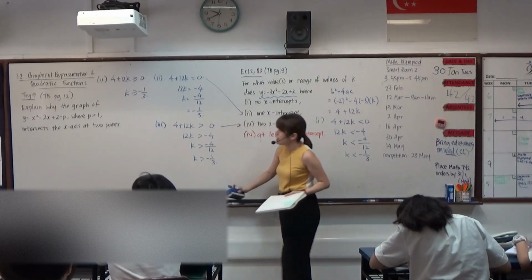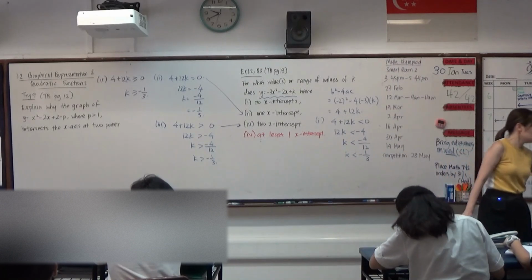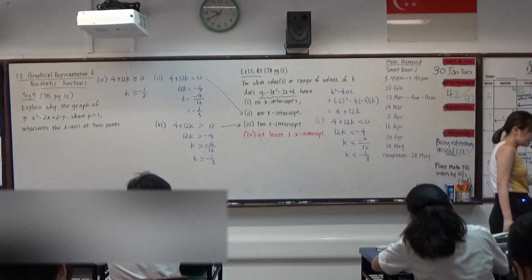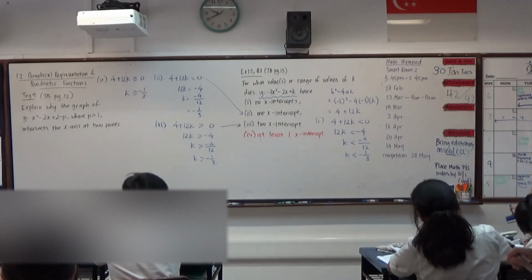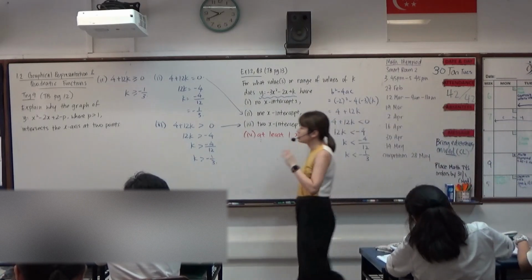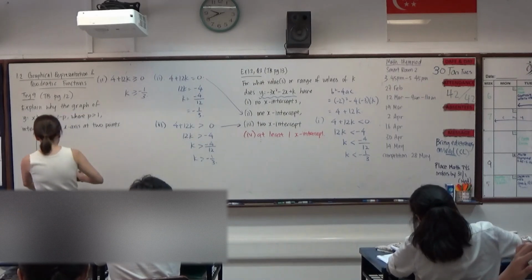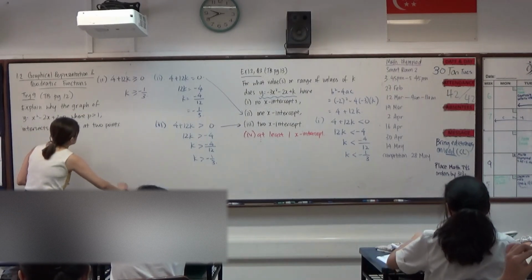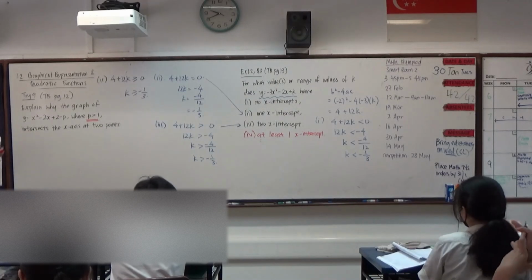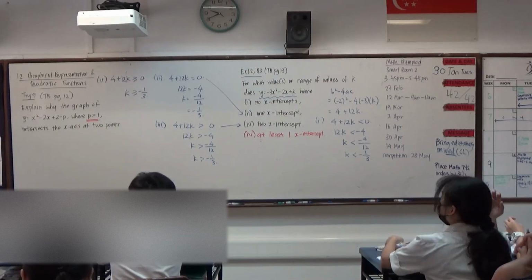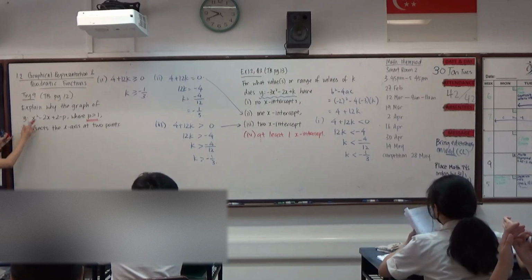It says, explain why the graph of the quadratic function where p is more than 1, so there is this critical information here, intersects the x-axis at 2 points. We're trying to explain why.